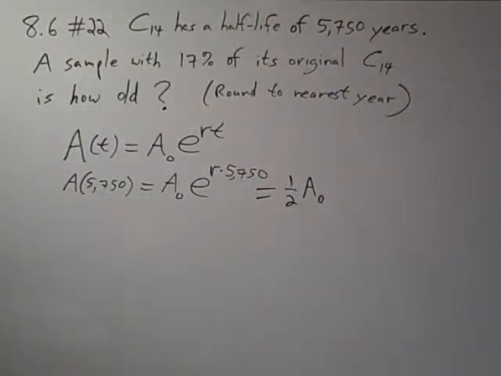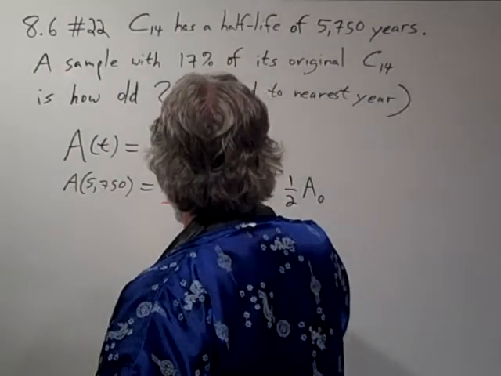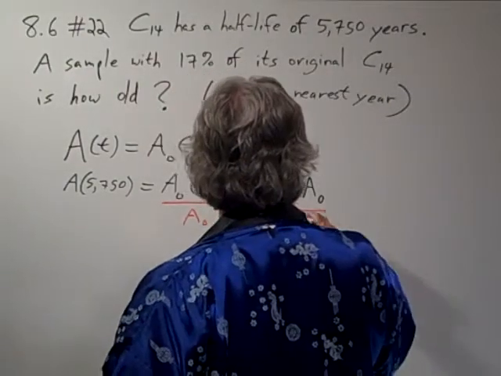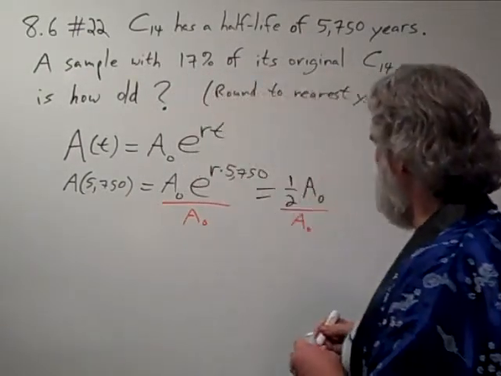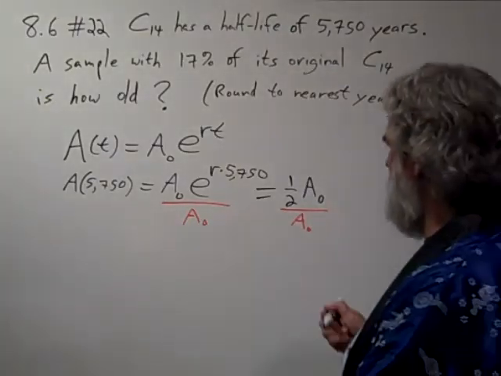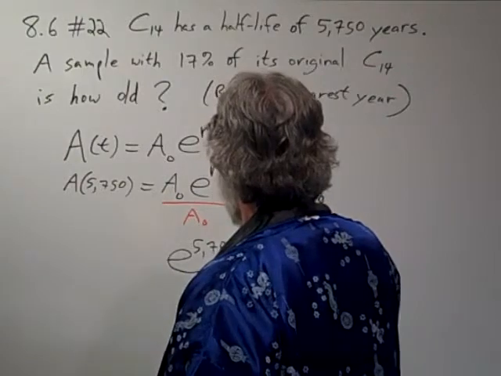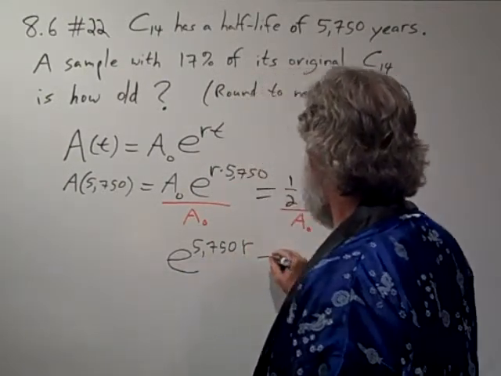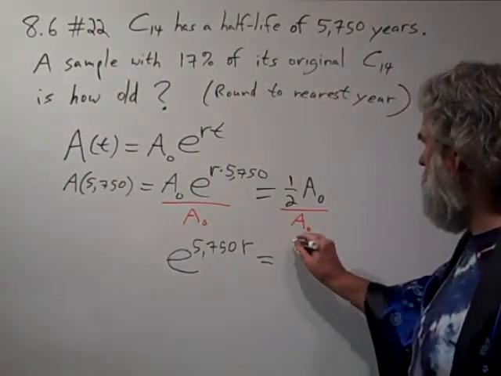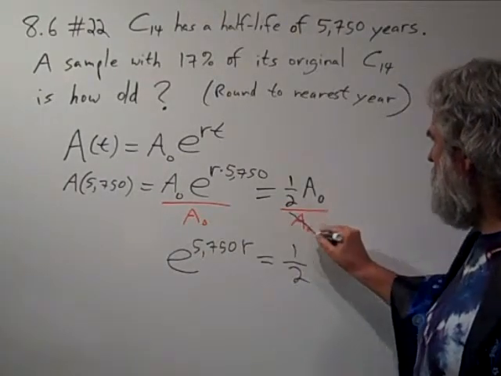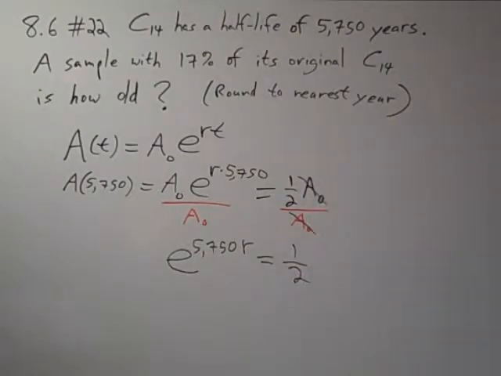So if we divide both sides of this equation by the initial amount, we get that e to the 5,750 times r is equal to 1/2. The A naughts cancel out here.